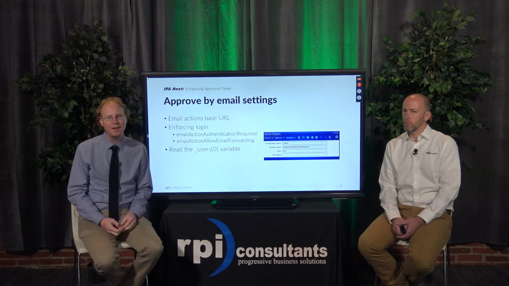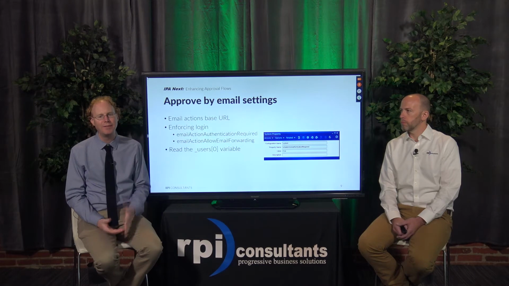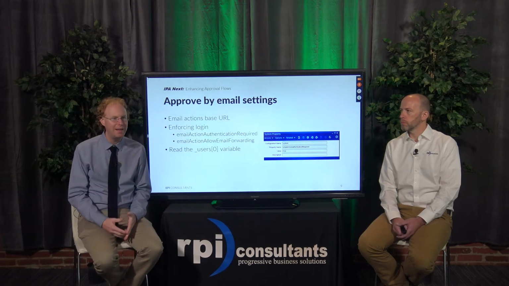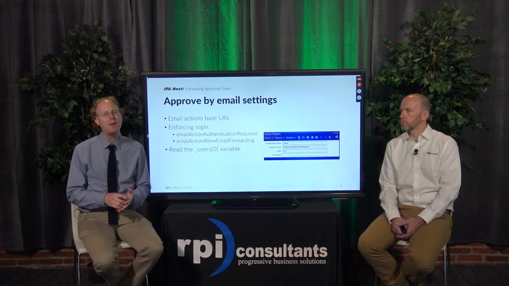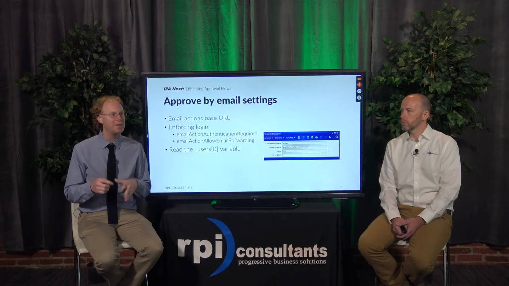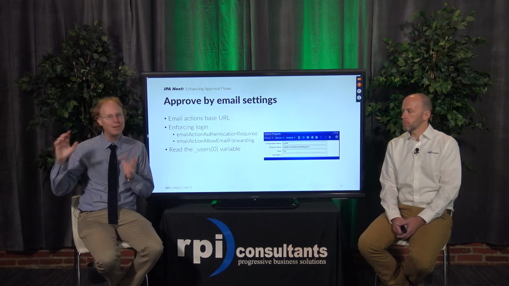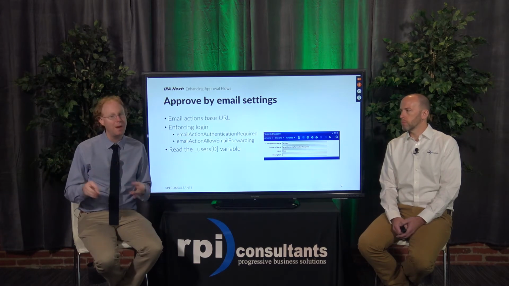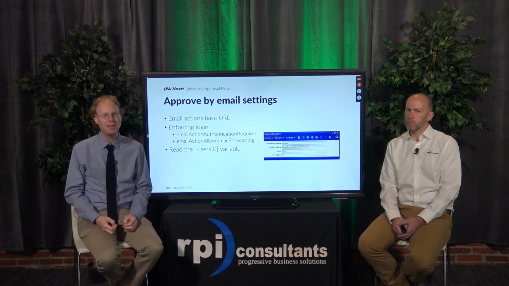These settings are set up by adding a system property into the system configuration set. This is documented in the IPA admin guide. There is a property you can set, email action authentication required, which will enforce that login. So if the respondent to the approval message doesn't already have a Mingle session open, it'll actually prompt them for the username and password before it allows that action to take place.